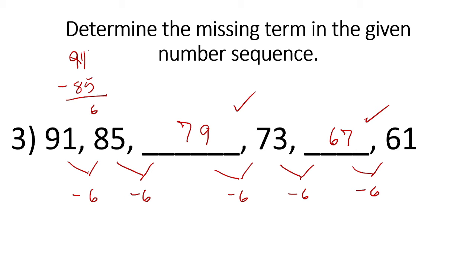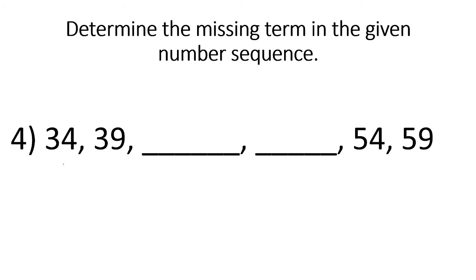Next, number 4. Okay, so meron tayong 34 and 39. Ibig sabihin mag-a-add ulit tayo. So 39 minus 34, meron tayong 5. So mag-a-add ulit, plus 5. 39 plus 5 is 44.